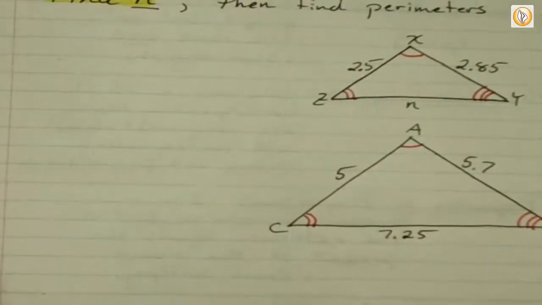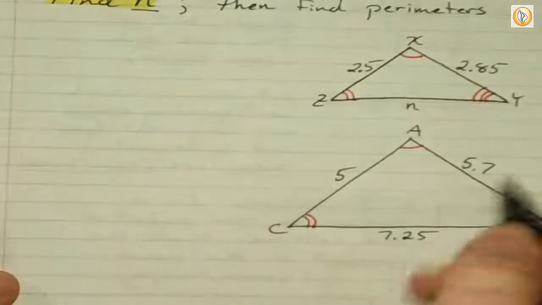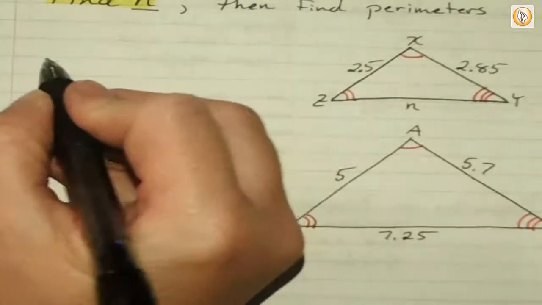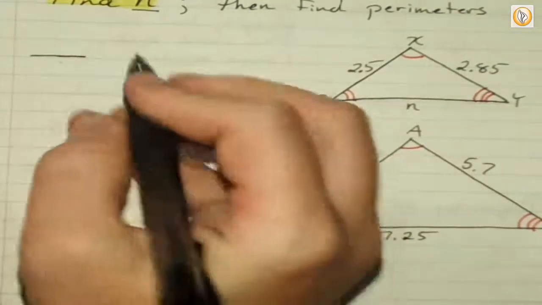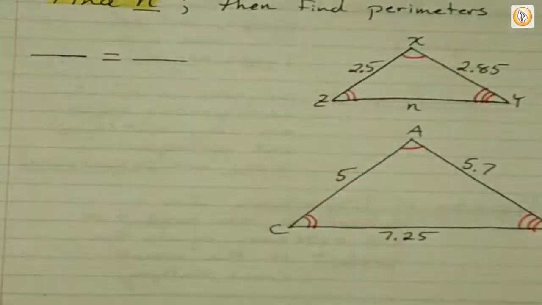Okay, so Cecilia, no, don't get upset. To find a missing measurement in similar figures, what do I have to set up? Okay, it's called a proportion. So we're going to have a fraction equal another fraction, right?